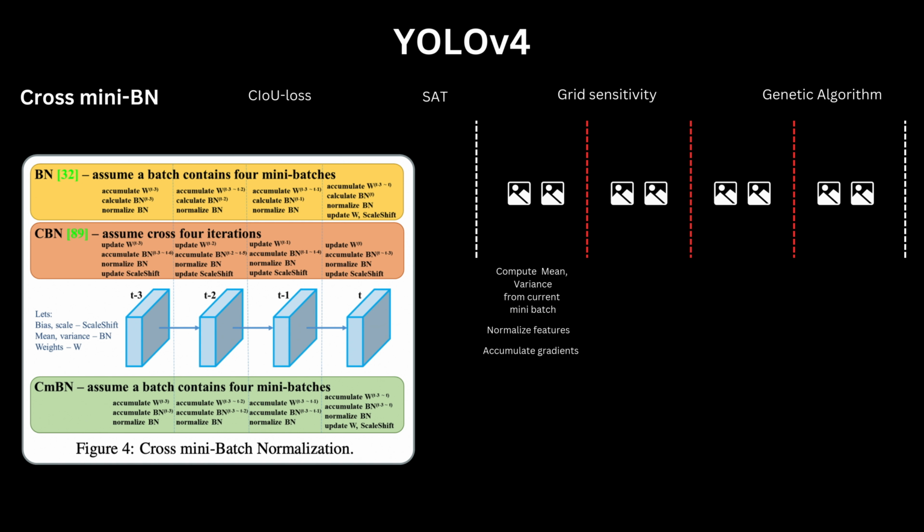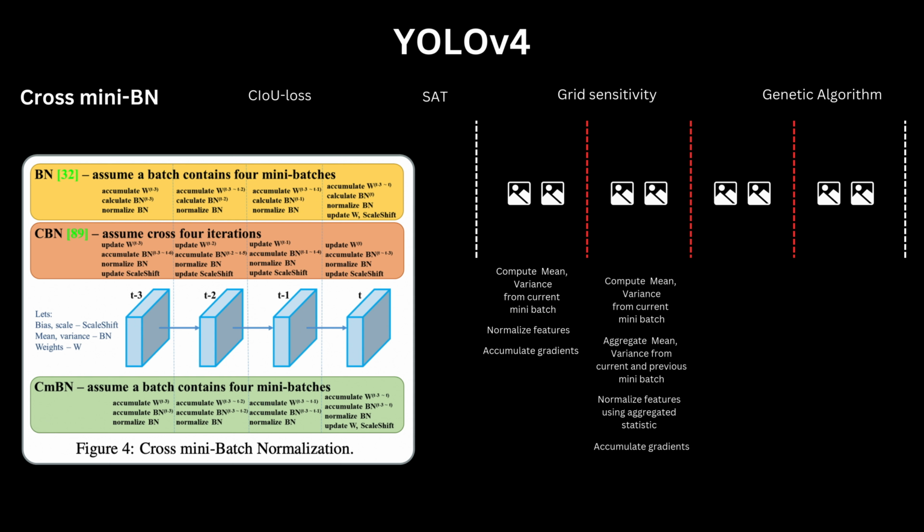Rather, we'll only accumulate gradients as of now. And once all the mini batches have been dealt with, then we'll actually update the weights for the entire batch. For the next mini batch, we do the same set of steps of computing statistics and accumulating gradients. But for normalizing, we aggregate the statistics of this and the previous mini batch and normalize using these aggregated statistics.